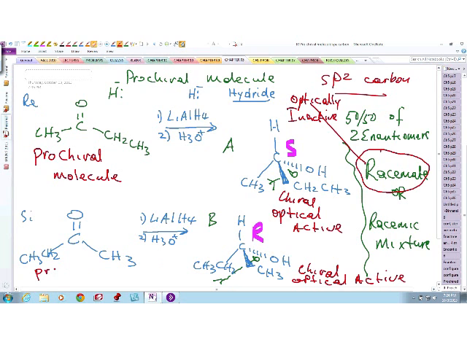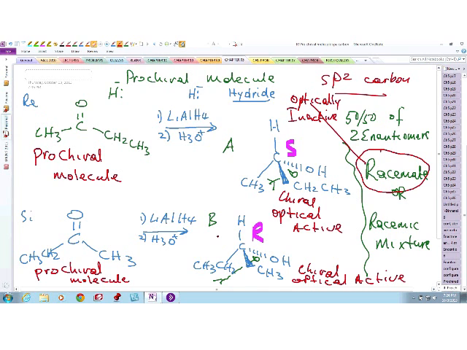This is also a pro-chiral molecule. So when you take this molecule here, which is pro-chiral, in other words, you could perform one single reaction and then you get a chiral molecule right here. Okay, now you know about pro-chiral molecules, and about racemic and racemic mixture.